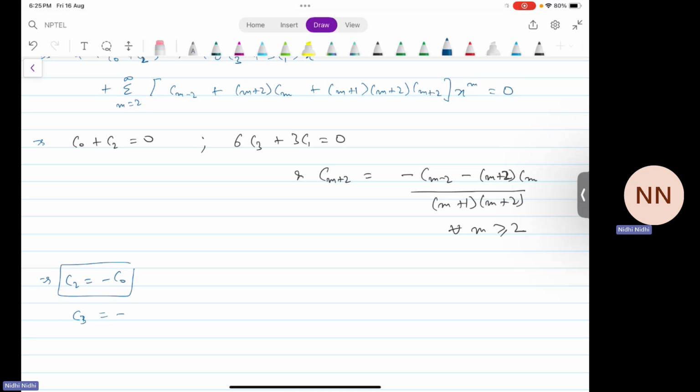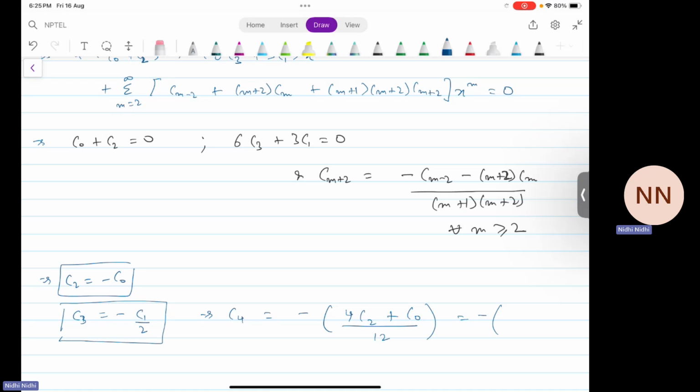Then c4 is equal to minus 4 times c2 plus c0 by 12.